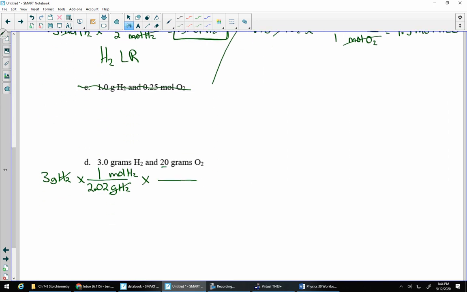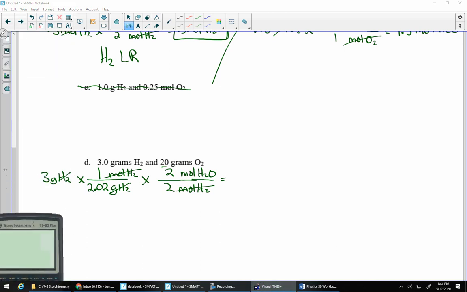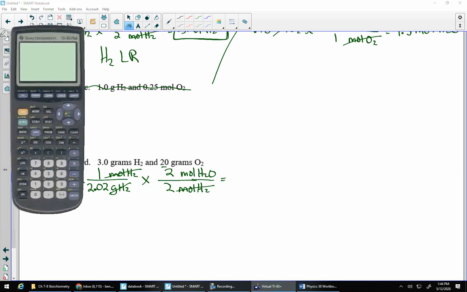So I got moles of H2, and I got moles of H2O, and again, it's a 2 to 2 ratio, so moles of hydrogen cancel with moles of hydrogen. For this one, I'm probably going to need a calculator. So 3 grams divided by 2.02 times 2 over 2, which doesn't really change anything.